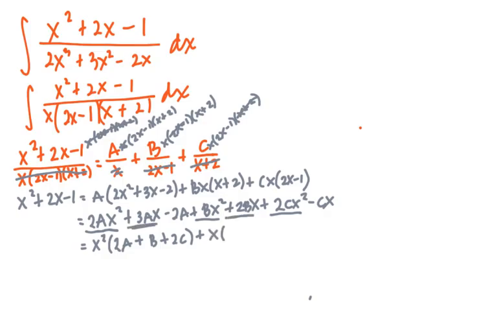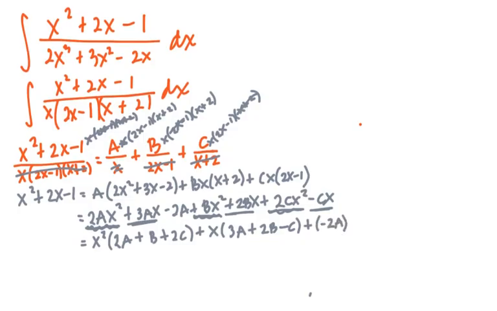These three terms have an x in them, different from the ones we used before. So x is 3a plus 2b minus c, plus our term without an x, which is negative 2a. So this equals 1x squared plus 2x minus 1.